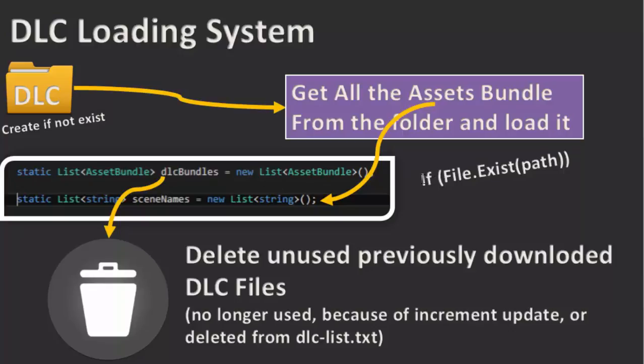And also before we load it, we're gonna check if the file exists or not. If it exists, then we're gonna load it from the disk, and then store it to the list. And after we get the bundle, we can get the information of scene names from the bundle.